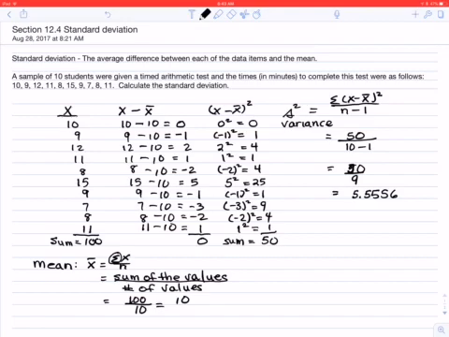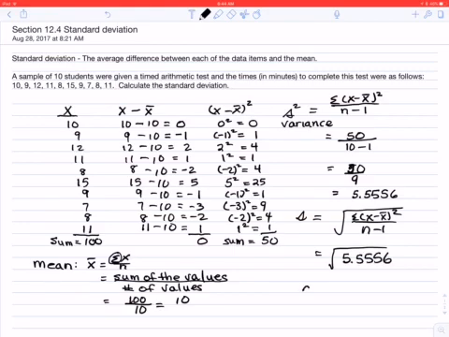I don't want the squared differences, so I'm going to unsquare to get the standard deviation. I'm going to take the square root of the variance. So I'm taking the square root of 5.5556.